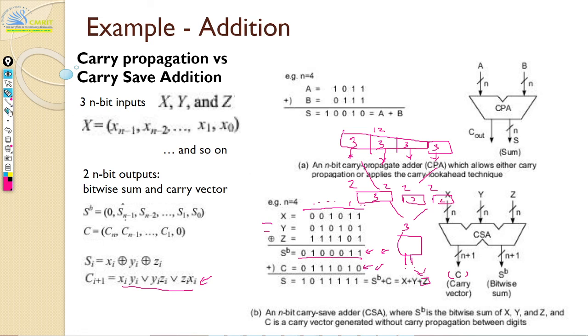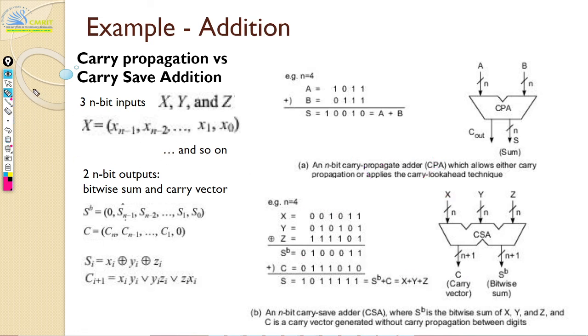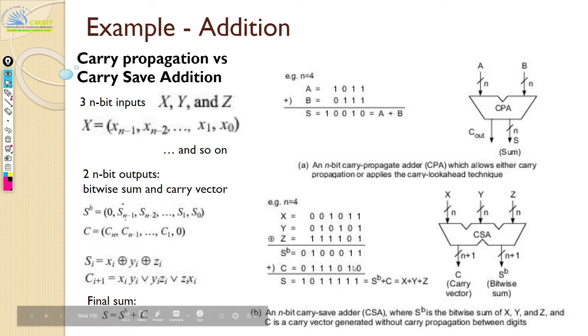In other words, with this carry save adder you can have n sum bits and carry bits, but finally you have to calculate the final sum with a simple carry propagate adder, S plus C. There has to be one more level of addition. Any questions? Any questions on this?